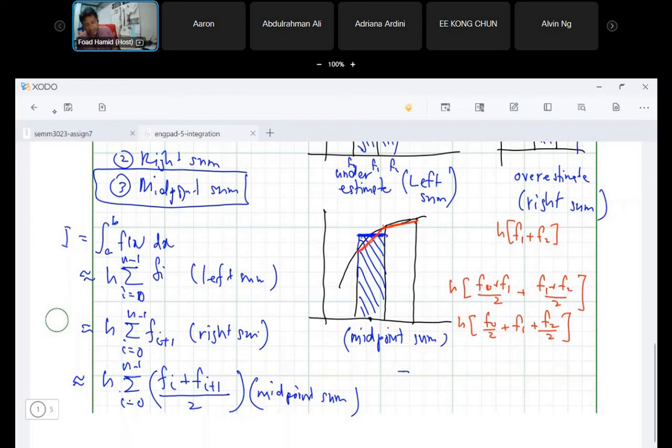It says that integration is the limit as h approaches 0 of the sum from i equal to 0 to n of f of x_i times h.